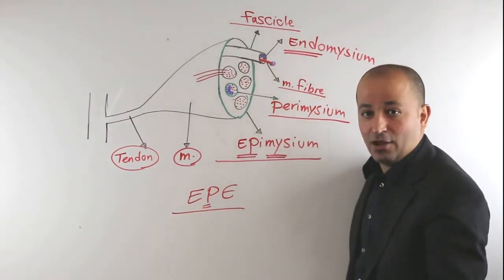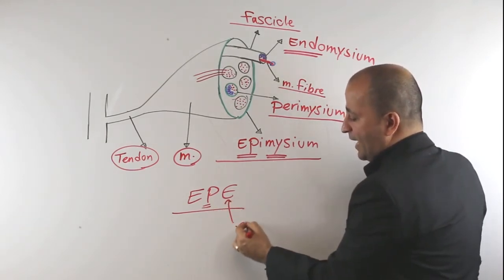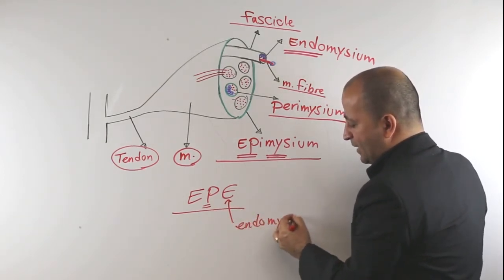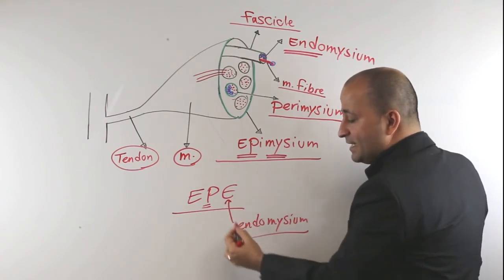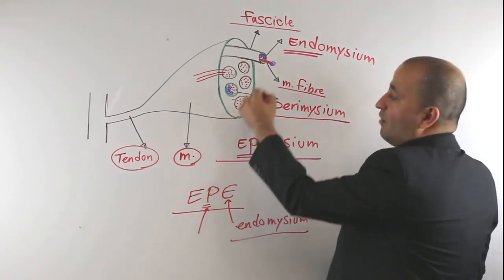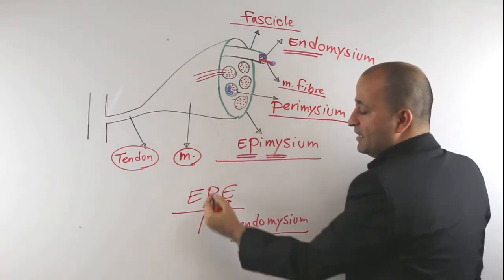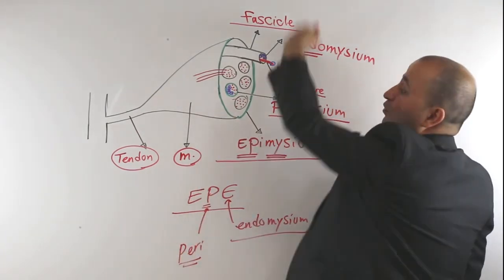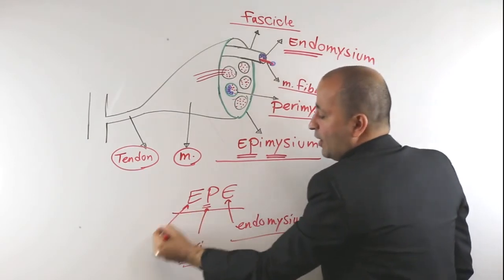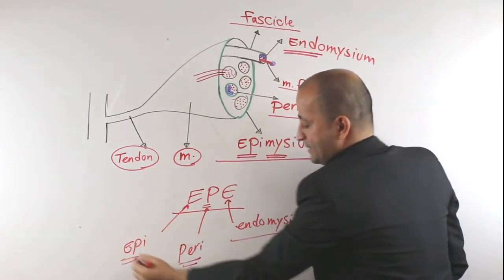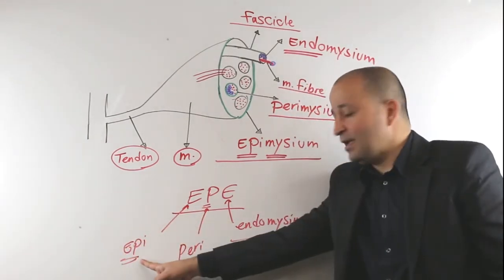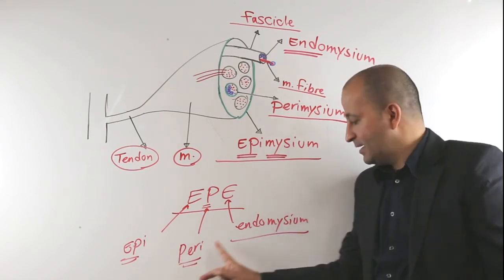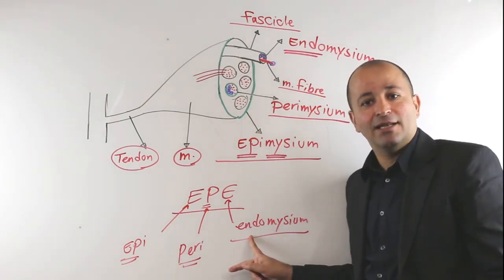P is in the middle. So what is the one covering the fascicle, the second layer, the middle one? Perimysium. And the one that is left, for all around the muscle, is epimysium. So it's epi on the outside, peri in the middle, and endo the most internal.